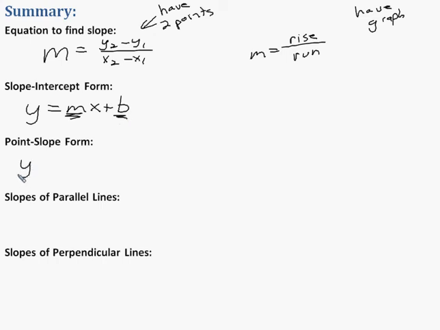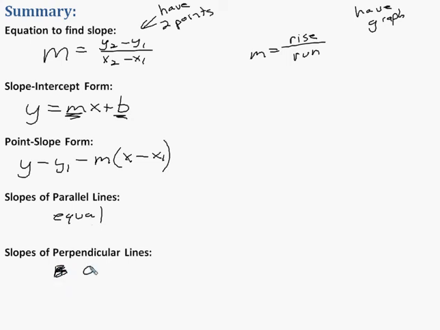Point slope, y minus y sub 1 equals m times x minus x sub 1. We use that when we don't have a y-intercept and we have a point and a slope, and we plug that in and then usually change it to another form. Slopes of parallel lines are equal. Slopes of perpendicular lines are negative.